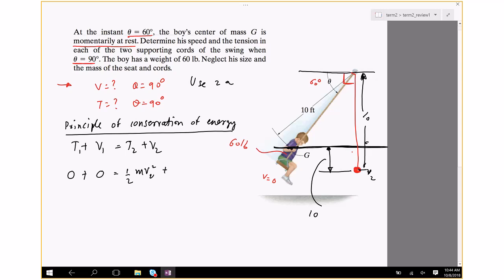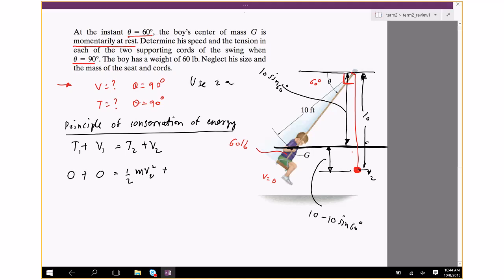And then this height is going to be 10 sine 60, right? So this length is going to be 10 minus 10 sine 60 degrees. So mg times the distance from the datum, which is 10 minus 10 sine 60.